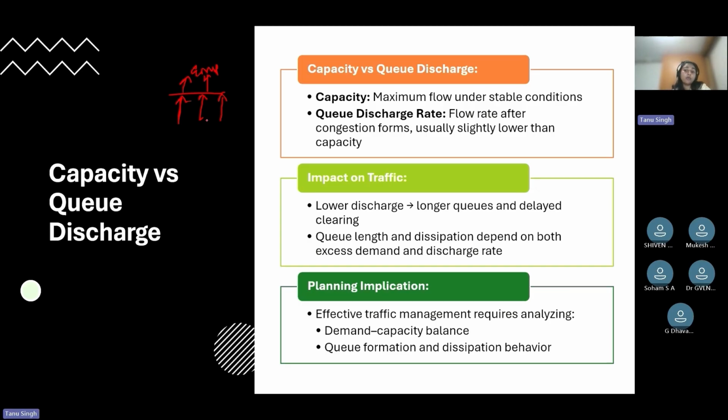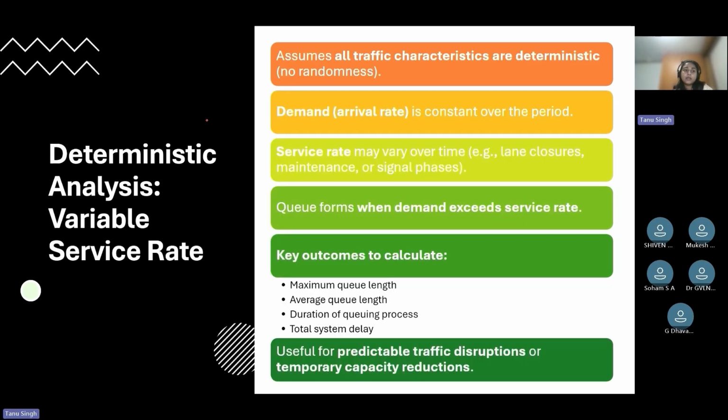Therefore, understanding both the capacity of the road and the discharge is crucial for designing roads and controlling traffic effectively. Now coming to deterministic analysis.